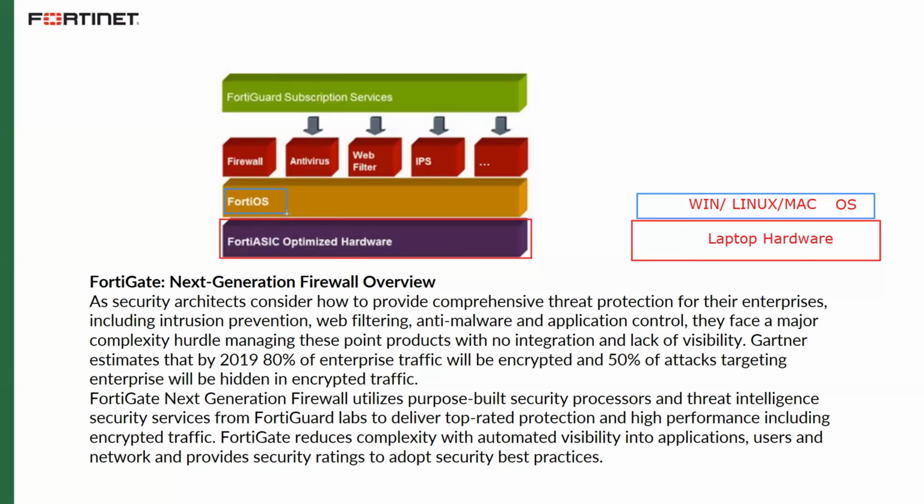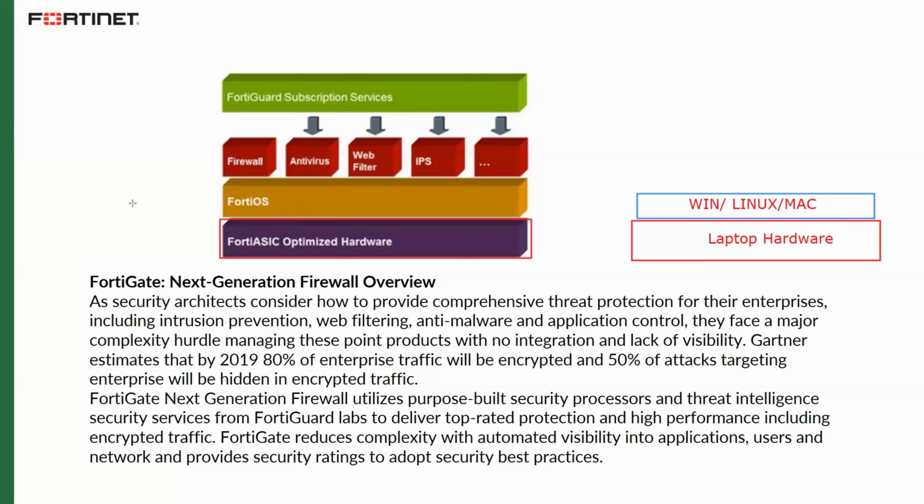So FortiGate has taken a Linux kernel, made modifications on top of it, created their own operating system, and gave it the name FortiOS. So here we don't have anything like Windows, Linux, Mac, or something else. The operating system running on top of the FortiGate hardware is called FortiOS.